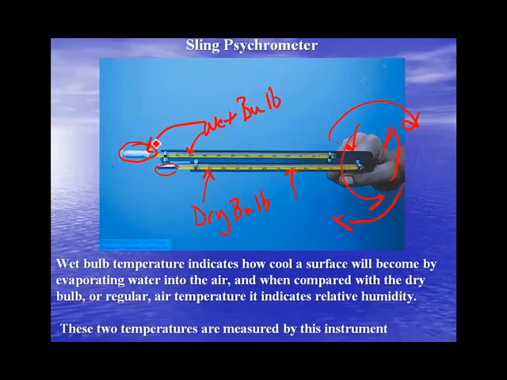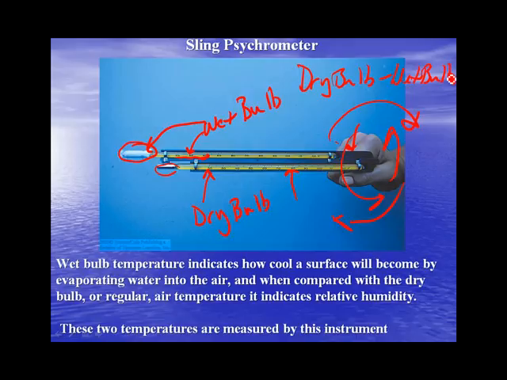And we will sling the psychrometer around for a while until the temperature stops dropping. It'll drop to a certain point, and then once it drops to that point, we look at something called the depression, or the difference between the dry bulb and the wet bulb.